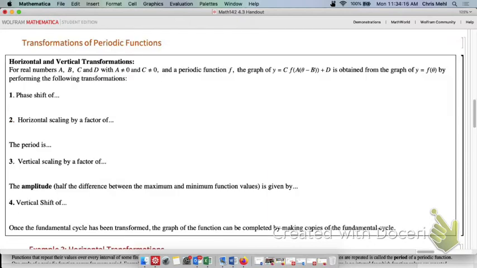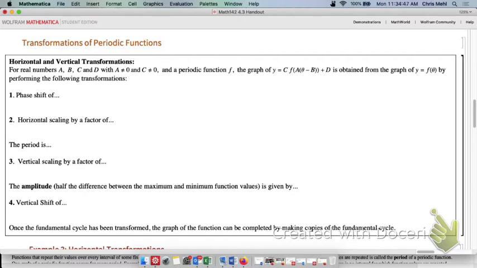Okay, so now we understand how sine, cosine, and tangent are periodic, and we know their periods. We're going to use the fact that those functions are periodic to simplify graphing transformations. Before I get started, I want to point out that if a function has been transformed, there's always a factor, capital A, in the expression.